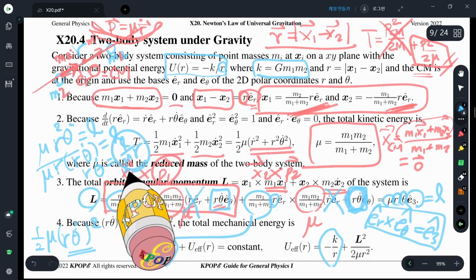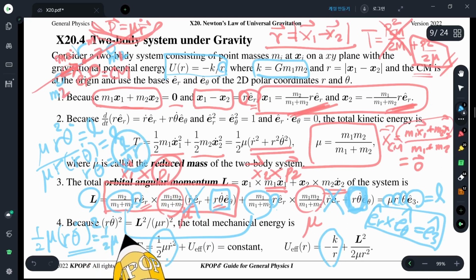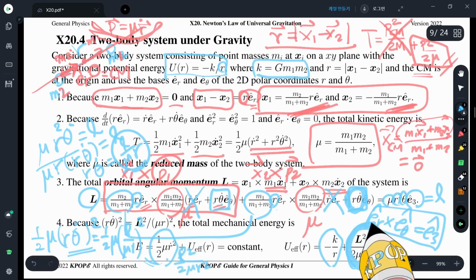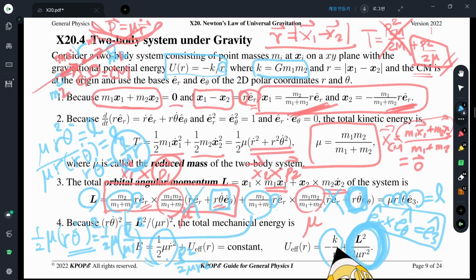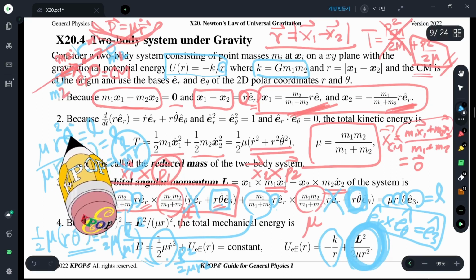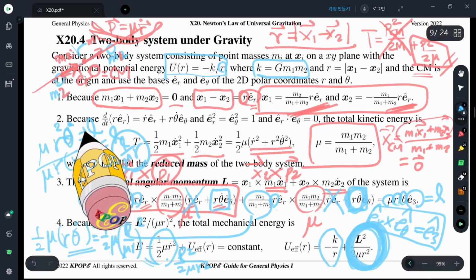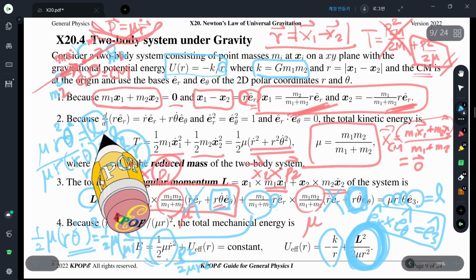So 1/2 mu times L over mu r squared. The answer is L squared over 2 mu r squared. This one is actually the kinetic energy along the tangential direction. The time derivative theta dot is always expressed in terms of the radius because the orbital angular momentum is conserved.